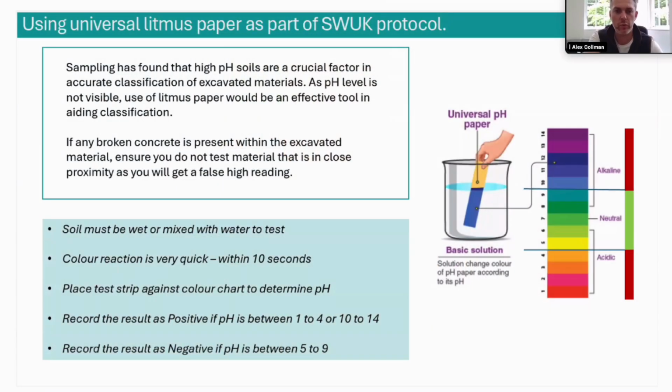Again, these aren't mandatory, but what they might do is allow you to get a better correlation with what ultimately comes back in the lab data. So this is taken from the protocol around litmus testing. Now, as a business, I'll be honest, we don't do litmus paper testing, so this isn't something I have a huge amount of expertise on, but ultimately what it's there to do is to assess the levels of pH in soil samples.